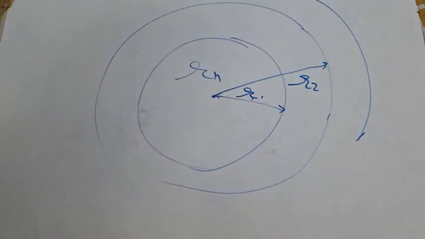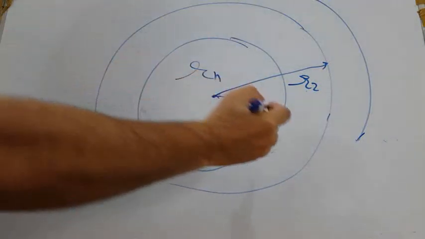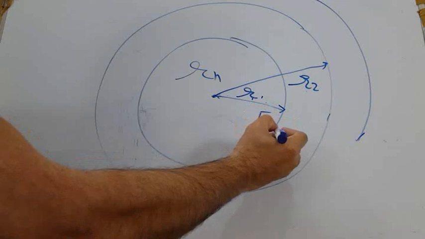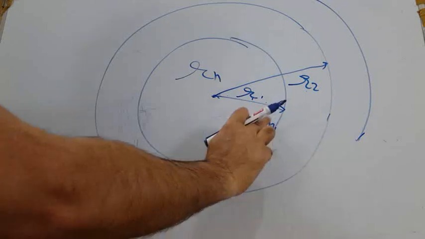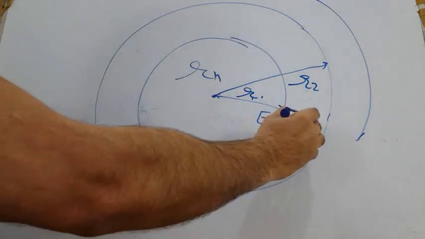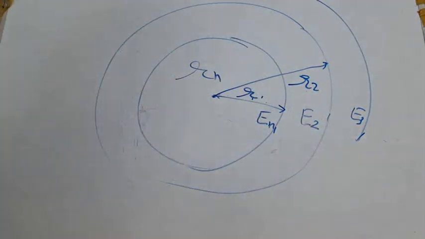He could give the equation for that, and also he could give the equation with which we could calculate the energy of the first orbit, the energy of the second orbit and the energy of the third orbit.